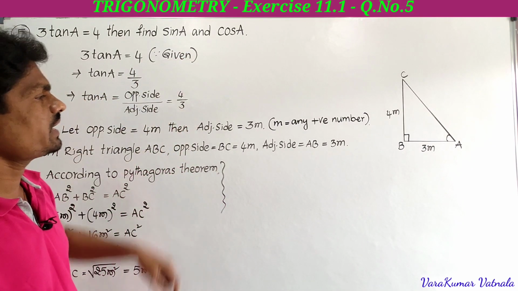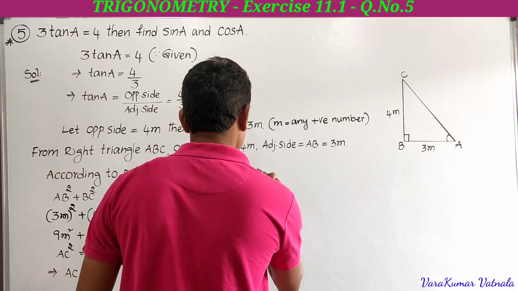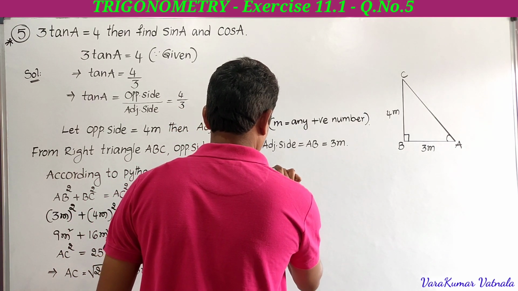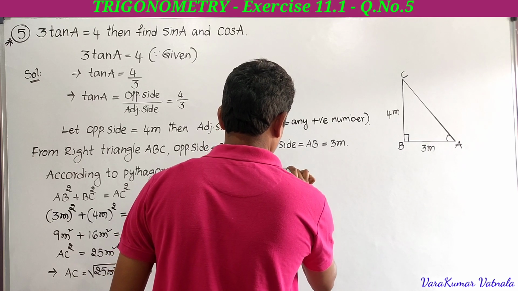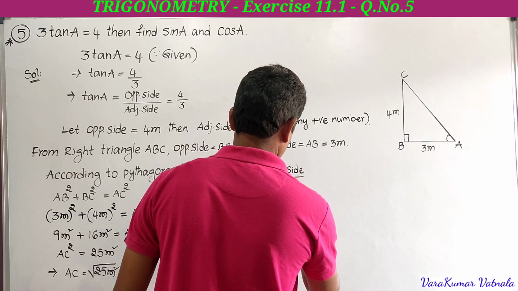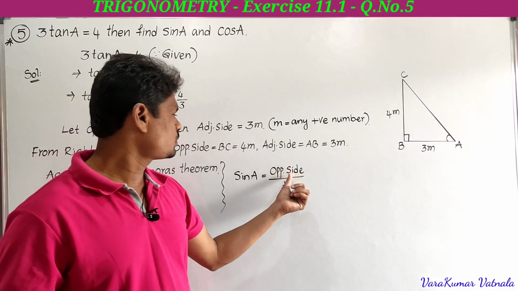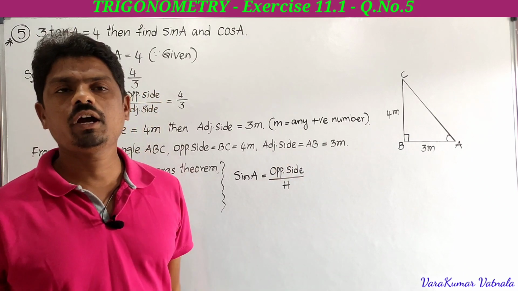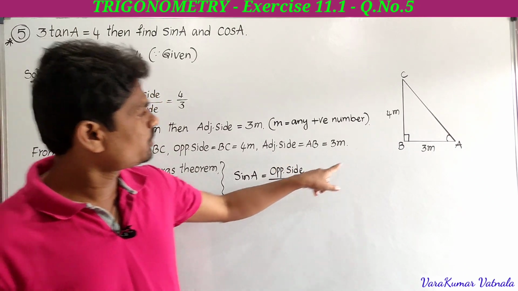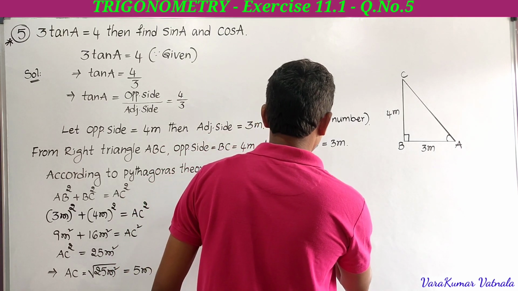Now we can find, first it is asking to find sin A. We have sin A equal to opposite side to angle A divided by hypotenuse. What is the opposite side to angle A? BC. So BC by AC.